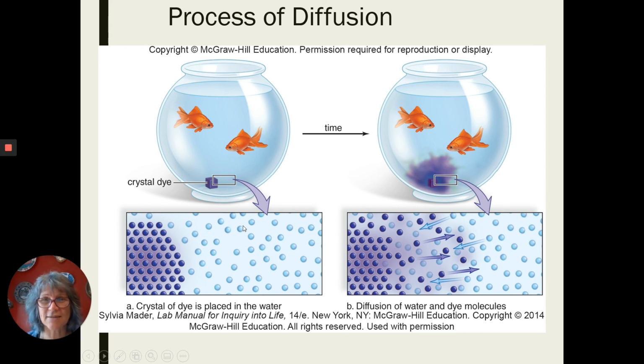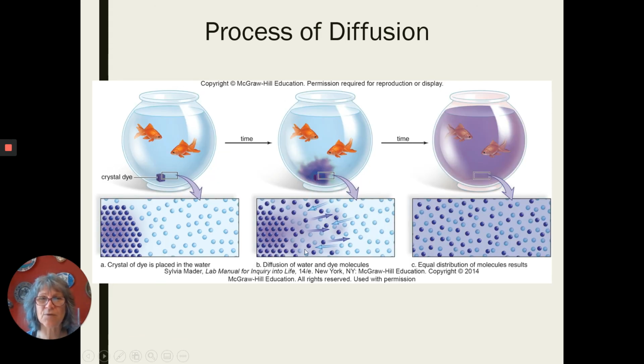Here I've got a high water concentration. Here, no water, low water concentration. Water is also diffusing to where the water concentration is lower. So I have the water and the dye both moving. They are both diffusing, and that's going to go on until the dye, the solute, is distributed evenly through the solvent, the water. That's equilibrium. All the molecules are evenly distributed.